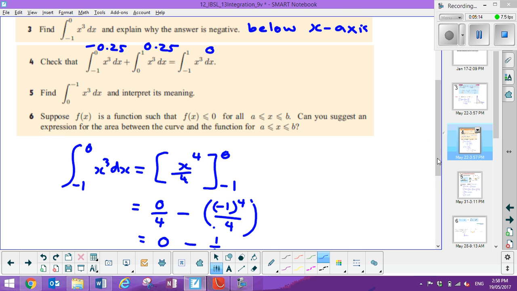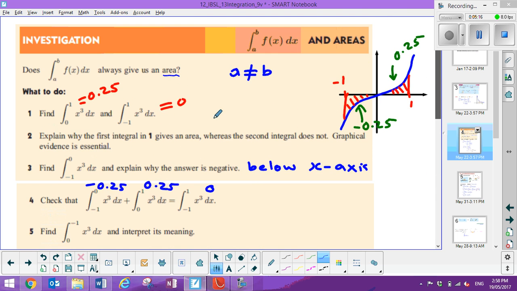So if your boundaries are, let's do it in a different colour so it's a bit easier to see. That's going to equal x to the 4th over 4 with our boundaries of 0 to 1, which is equal to 1/4 minus 0, since substituting in 0 goes to 0.